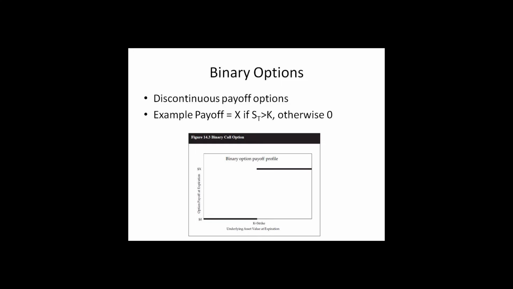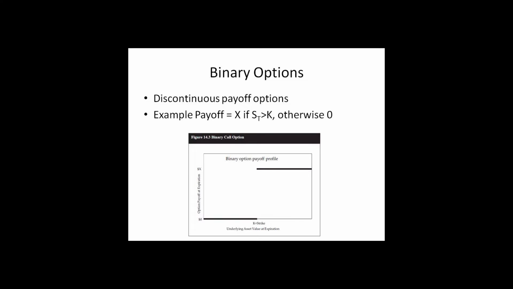So for example, if it's a binary call option, if the underlying at expiration is above the strike price, you get a payout. We'll say it's $1. And it doesn't matter if it goes way through the price or if it's just slightly above it, you get the same payout. So you either get 1 or 0. There's no other payouts available. So that is called a binary option.